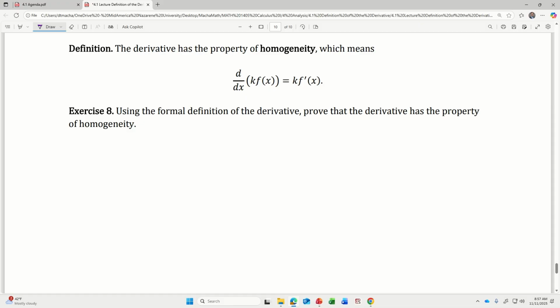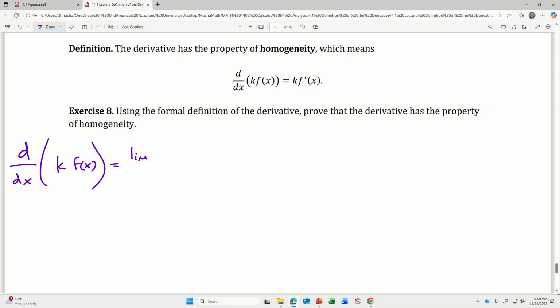The derivative has the property of homogeneity. And homogeneity means that if I've got a scalar, like a constant multiplier, I can just pull that outside of the derivative and not have to worry about it while I take derivatives. And again, if I wanted to prove this using the formal definition of the derivative, I would say I want to take the derivative of k f of x.